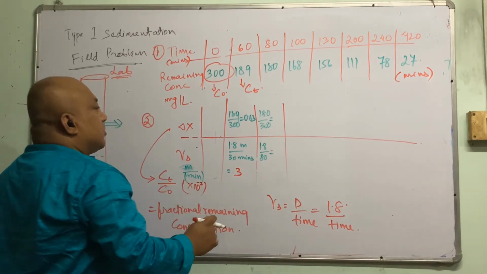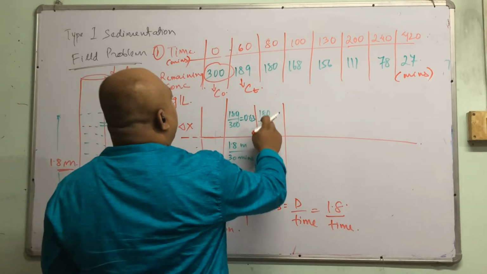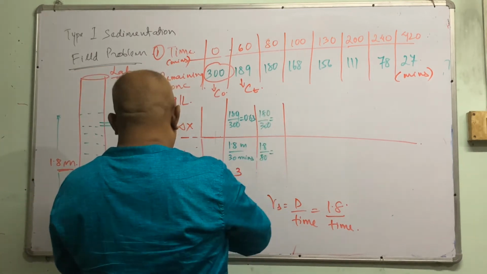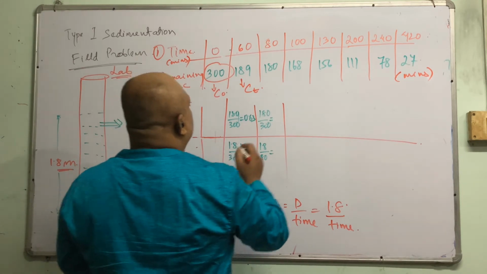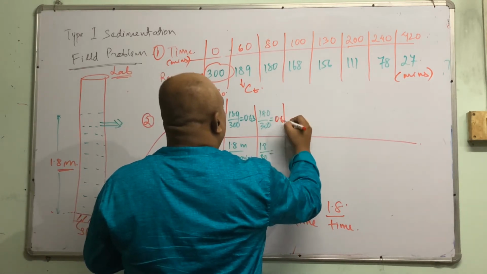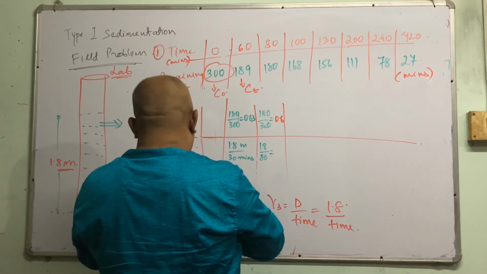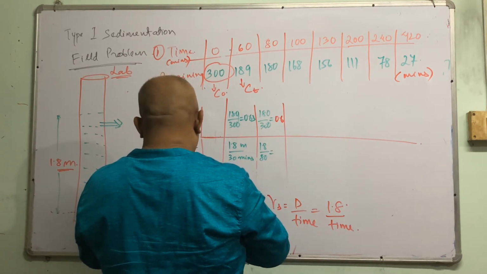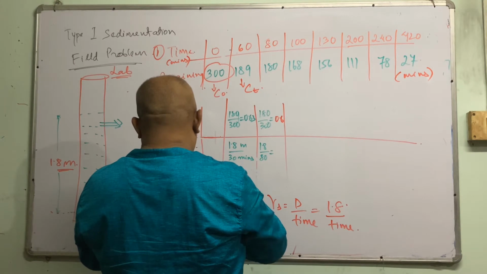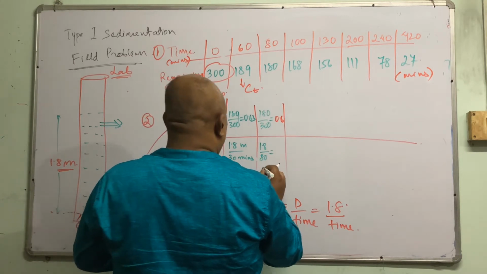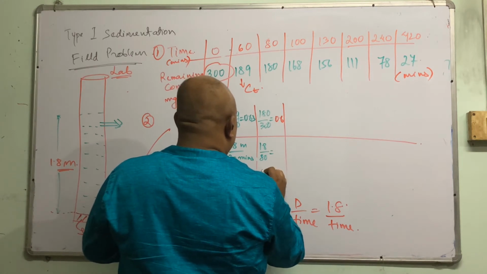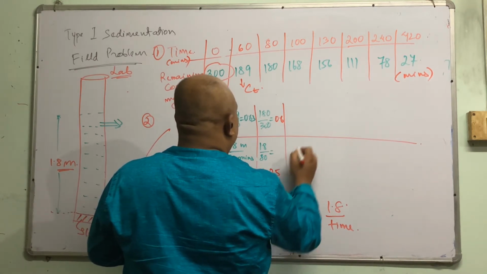So this one is 180 by 300, correct? This is 0.6, and this one is 1.8 by 3, which is 2.25.